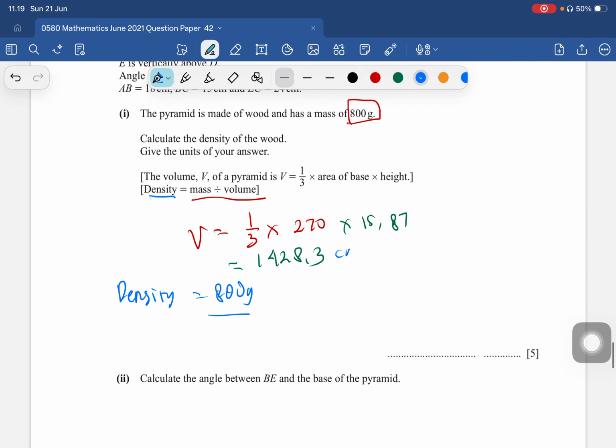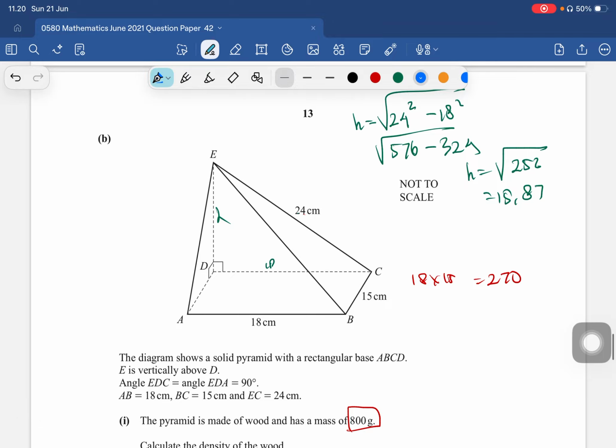Okay, last question. Calculate the angle between BE and the base of the pyramid. So BE and the base of the pyramid. So the height we got as square root of 252. Let's find here DB. DB is the diagonal of the rectangle. Here is 18 and 15.